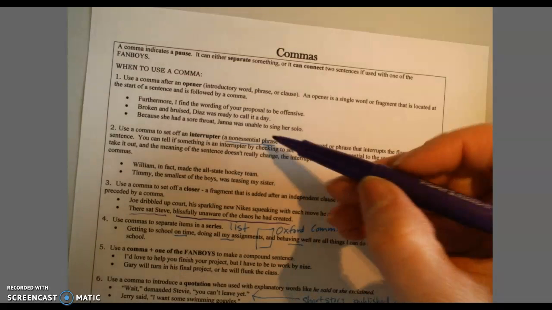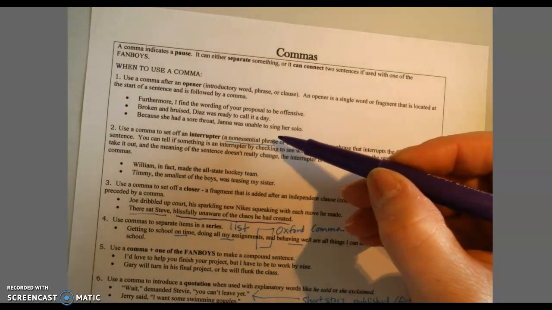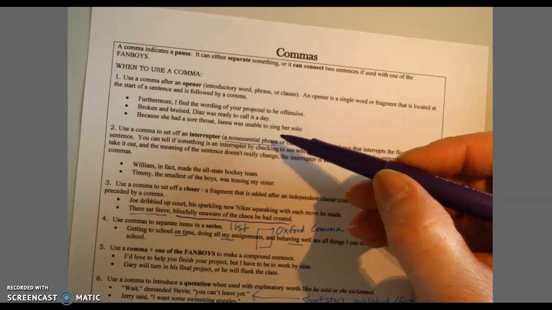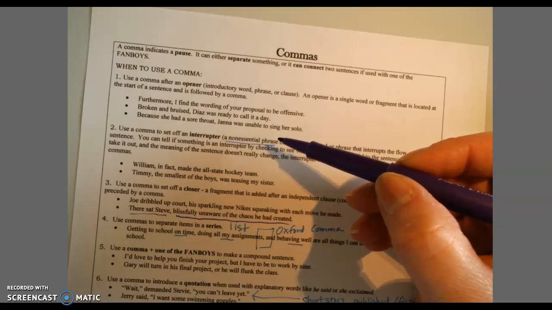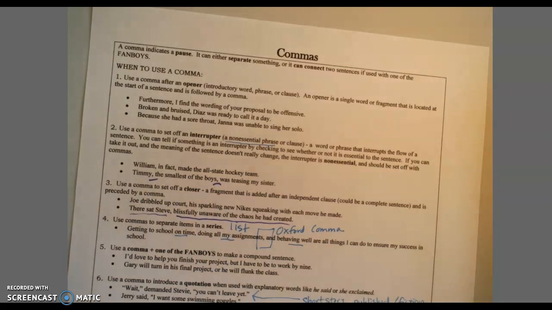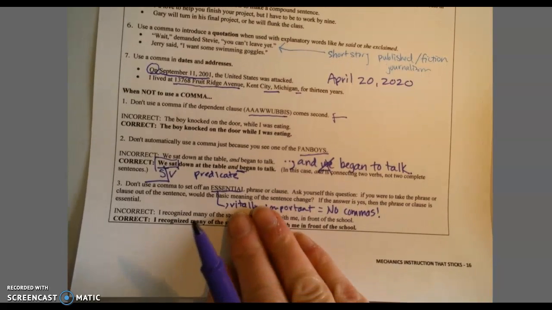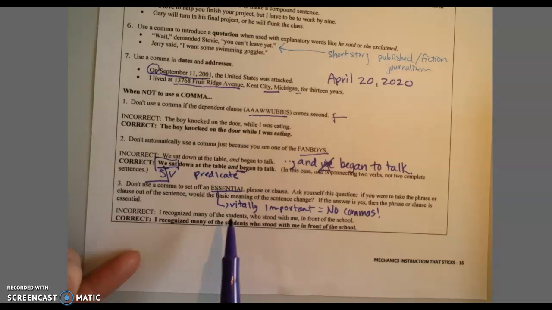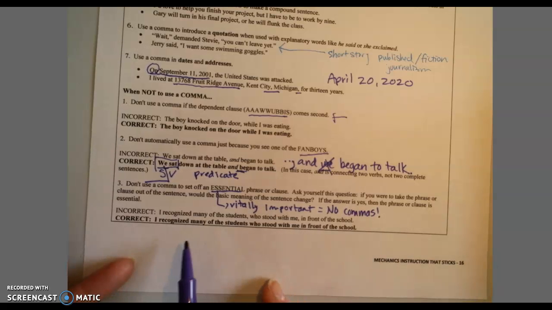When we looked at interrupters and we called them non-essential phrases, we talked about how these just aren't needed for the clarity of the sentence. And those commas suggest you could lift that phrase out and throw it away. You don't need it. If the clause is essential or vitally important to the clarity and meaning of the sentence, you do not use commas. You don't want to suggest that you could throw it away.